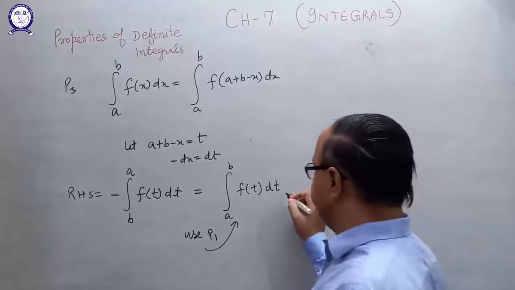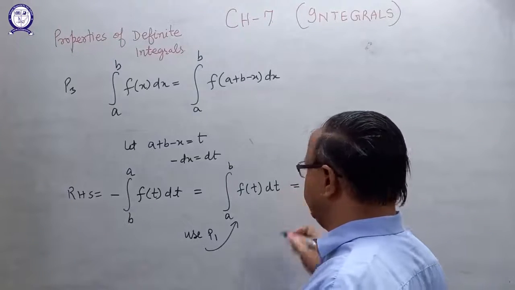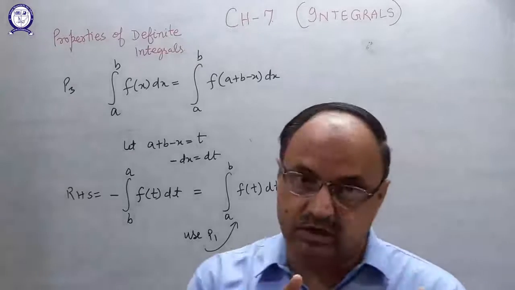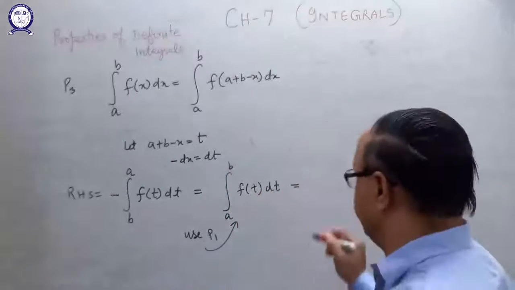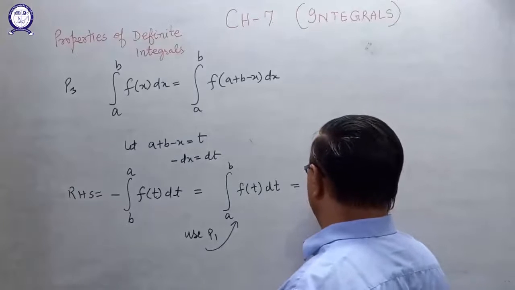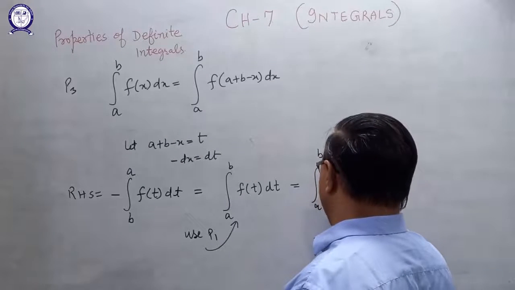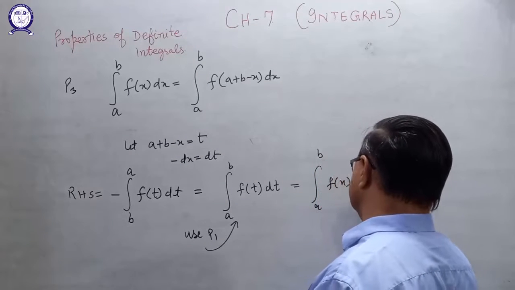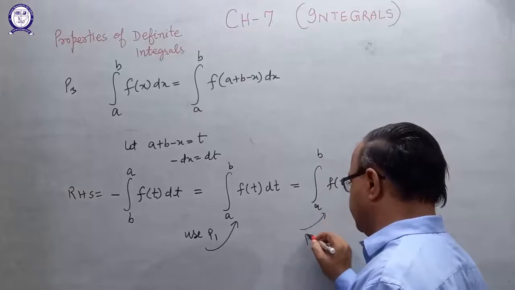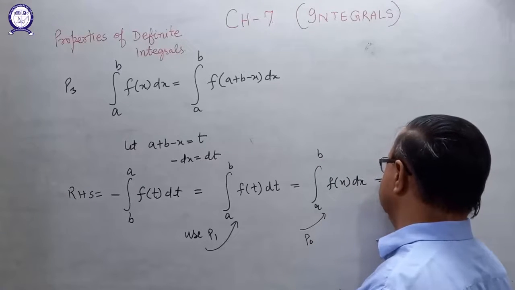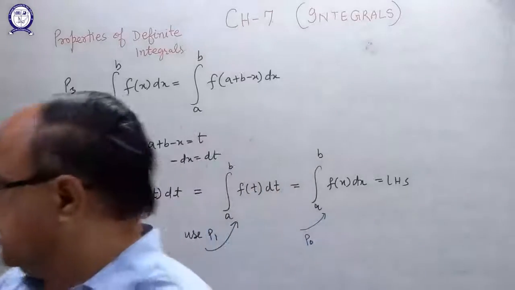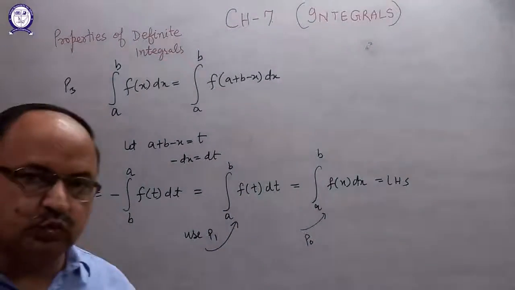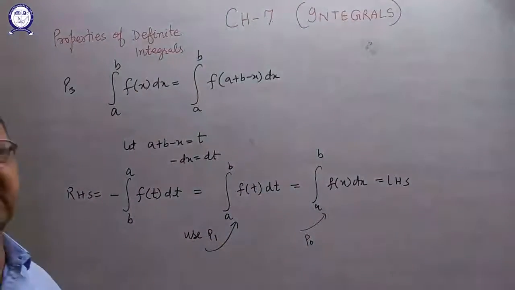Now use property P0: if we change the variable, there is no difference. Now a to b f of x dx, here we apply property P0. That is the left hand side. Correct? You can prove all the properties like that. All are very easy. Correct?